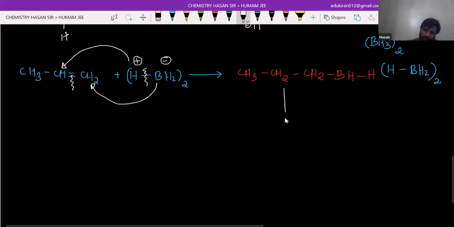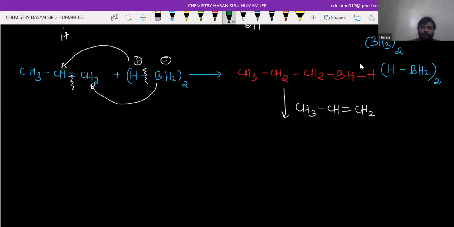Now again I'm going to take another mole of this CH3, CH double bond CH2. Again I break this bond and break this bond. You know that this is positive and this is negative. So this positive part will come to this carbon and this negative part to this carbon.